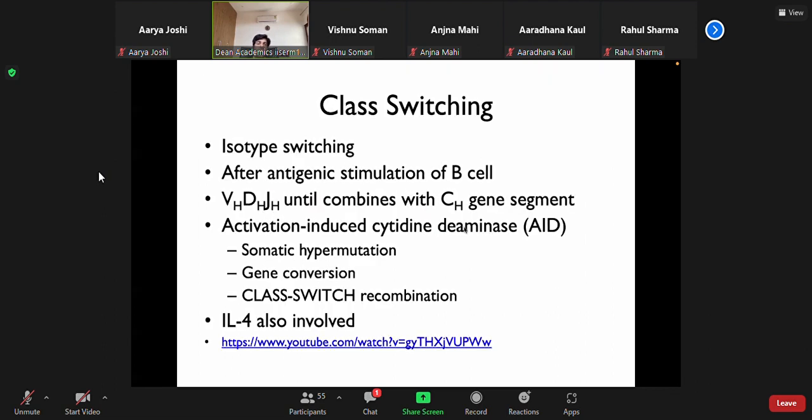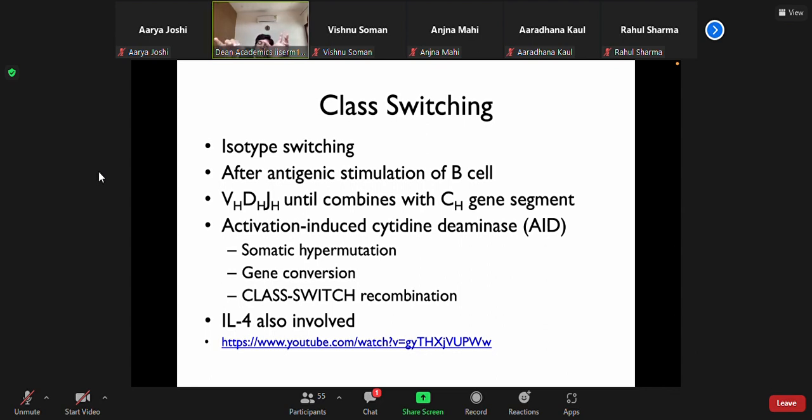Class switching. We have already mentioned it: you have the same variable region on the antibody molecule. It's only for the antibody molecule, because you don't have class switching in your TCR, right? Same variable region. Initially it was hooked with Ig mu, and once these cells were activated, they produce IgM type of antibodies.